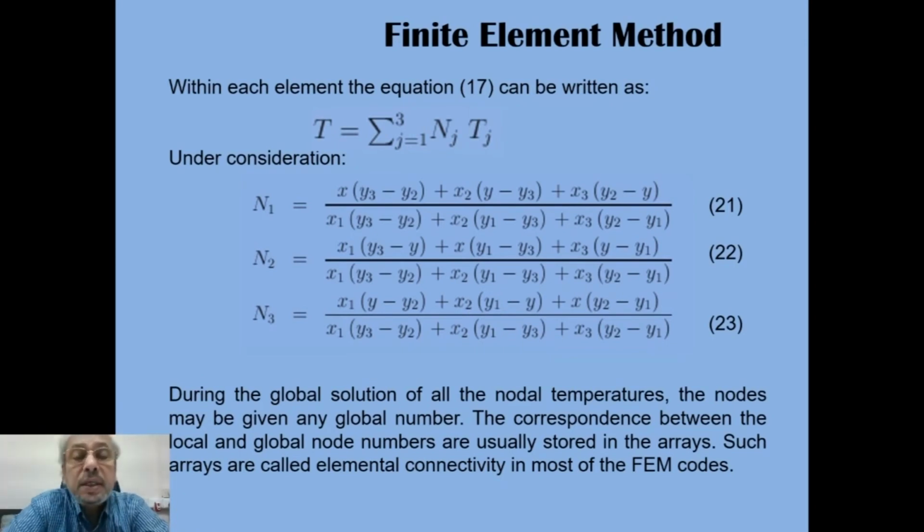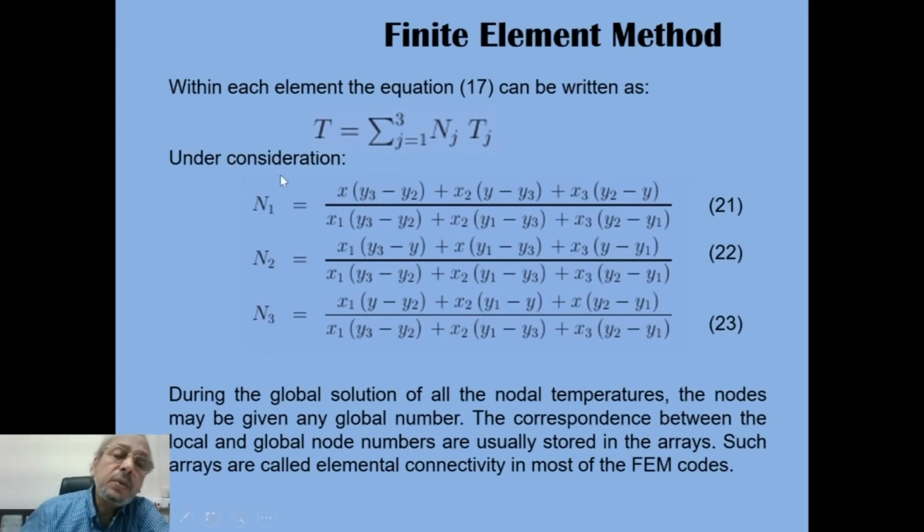And now, instead of defining these points, because slowly we are progressing towards writing the algorithm, these points can be written as 1, 2, 3, and the whole domain we can conceptualize as a discretized domain with many elements. All are triangular elements, each element has a number, and each element has 3 nodes, 1, 2, 3, and all these three nodes have shape functions or basis functions N1, N2, N3.